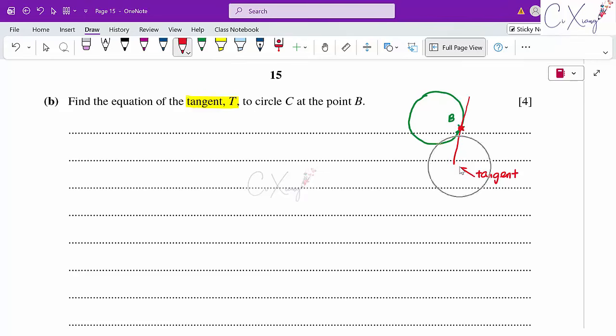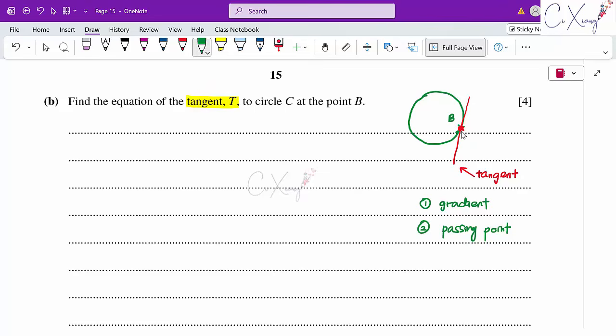Therefore, when I want to form any linear equation, I need two important pieces of information. The first one is the gradient of the line. Another one is the passing point. And then if I want to find the equation for this red line, I already have the passing point, which is the point B. Okay, it is the tangent at point B, so the passing point is the point B, no problem at all.